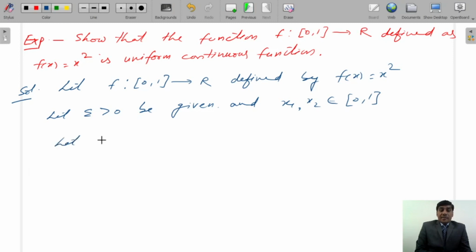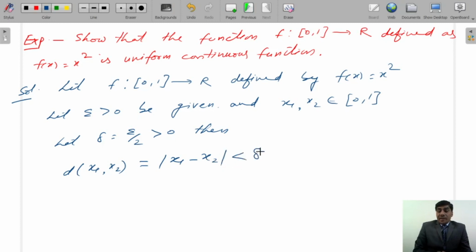Let delta is equal to epsilon by 2, which is greater than 0. Then distance between x1, x2 is equal to modulus of x1 minus x2 is less than delta.